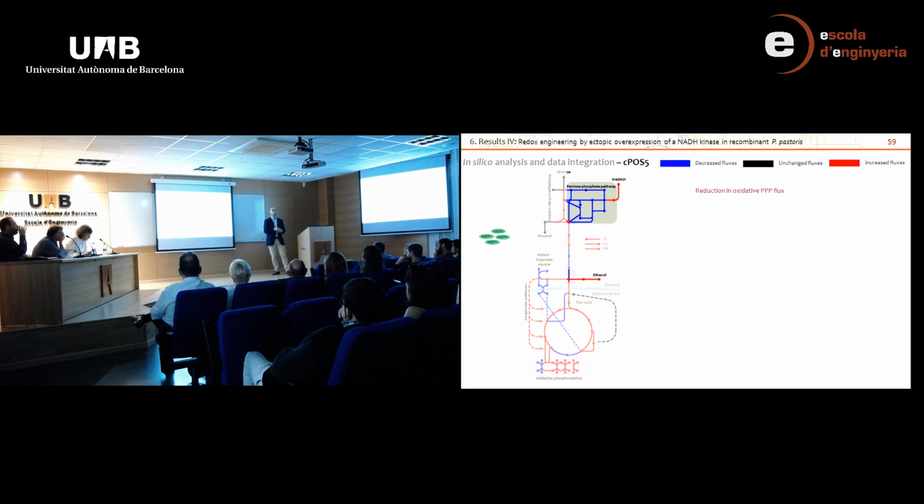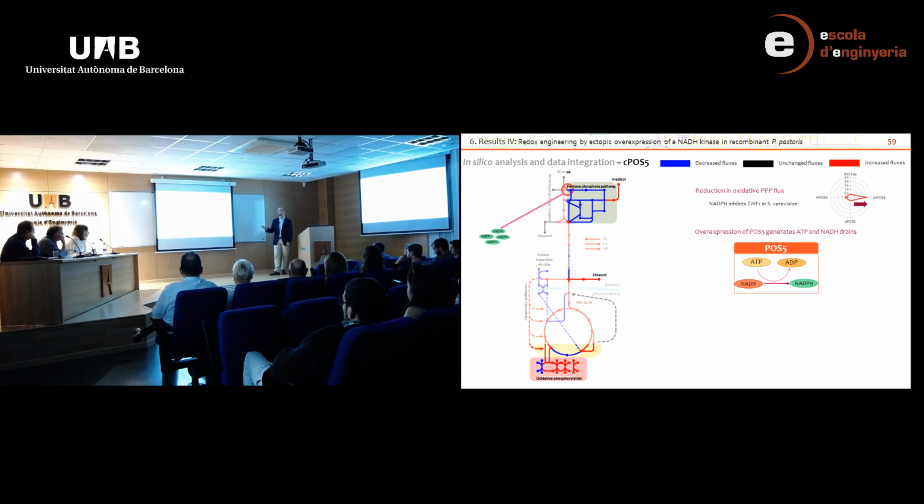As I said before, the pentose phosphate pathway is the main NADPH generation pathway. Therefore, if we have an alternative reaction generating NADPH, there's no need of generating this NADPH in the pentose phosphate pathway. In addition, it has been reported in Saccharomyces cerevisiae that an excess or high concentrations of NADPH can inhibit the first step in this pathway. So it is coherent with these previous observations.